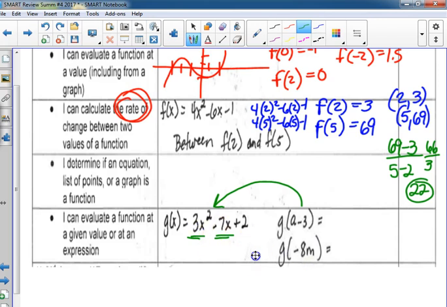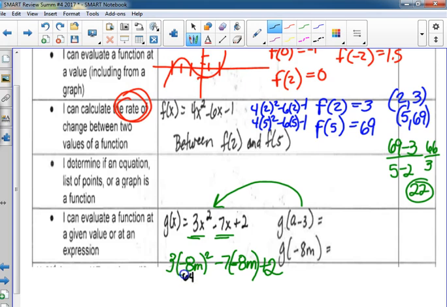Can you put a negative 8m in there? So 3 times negative 8m squared minus 7 times negative 8m plus 2. What's going to happen there? How many m squareds do we get? You've got to square it first, yes?